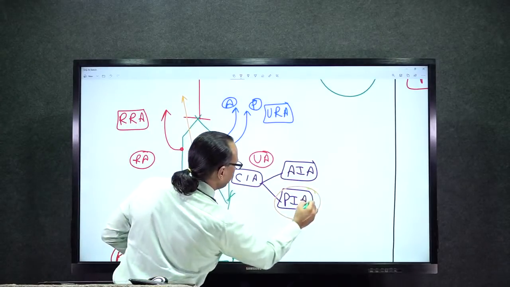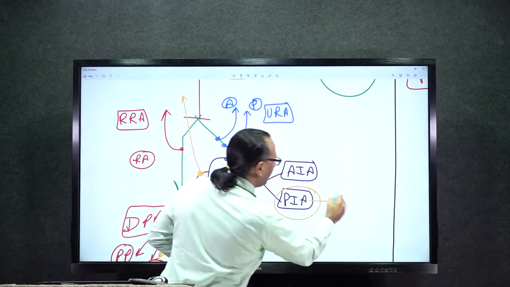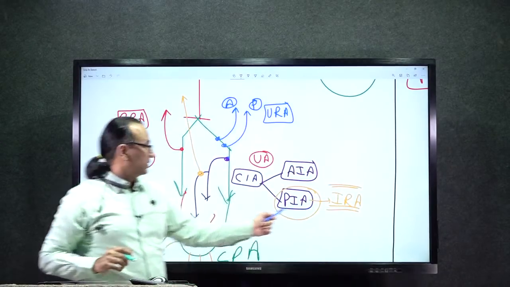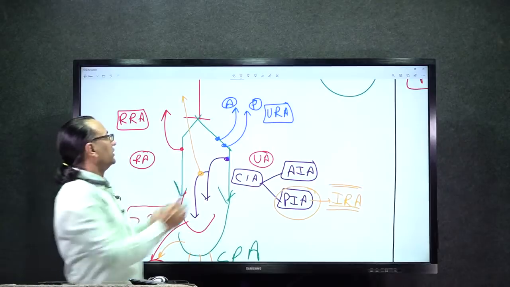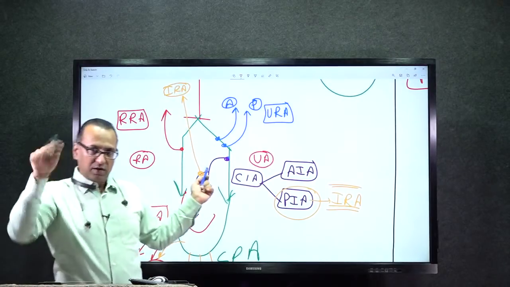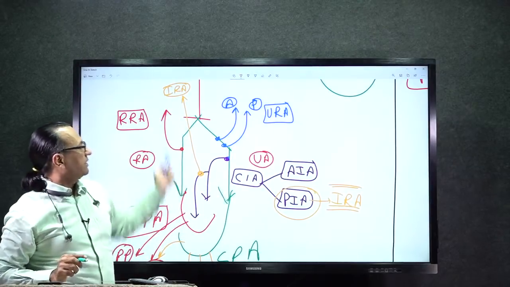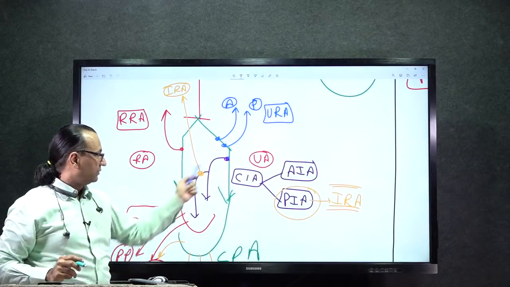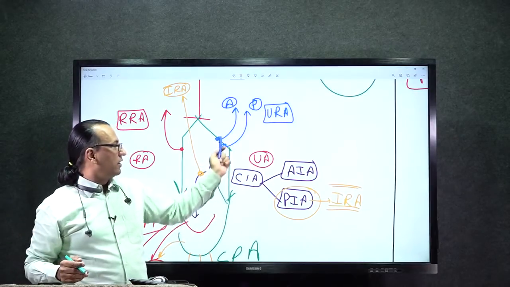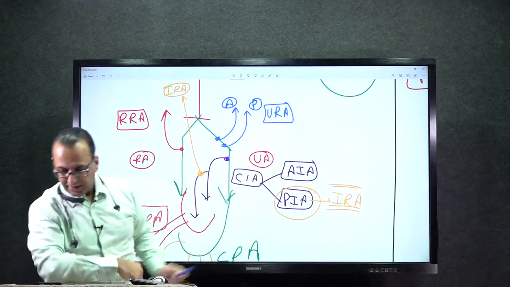This one is giving us the interosseous recurrent artery. It came as a question. So interosseous recurrent artery is obviously going backward for elbow anastomosis, is a branch of posterior interosseous artery, is a branch of common interosseous artery, is a branch of ulnar artery. Maybe that is what you were asking here.